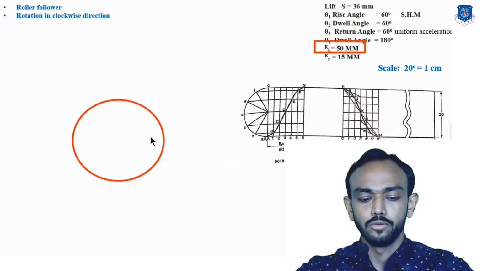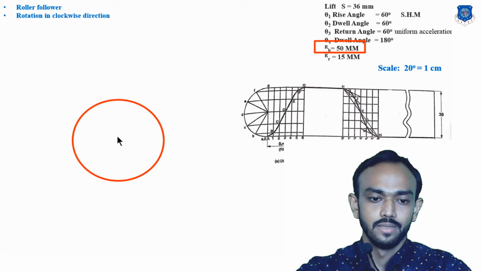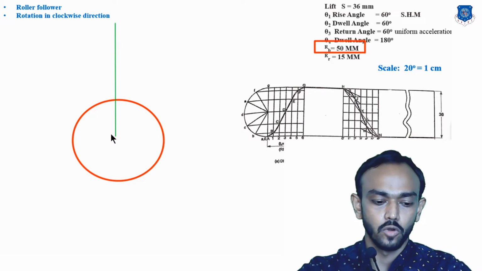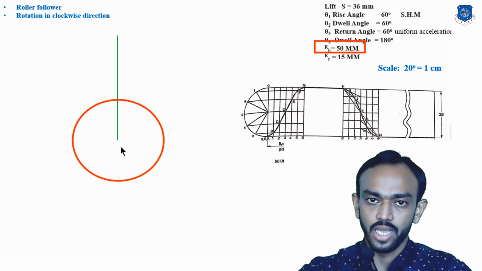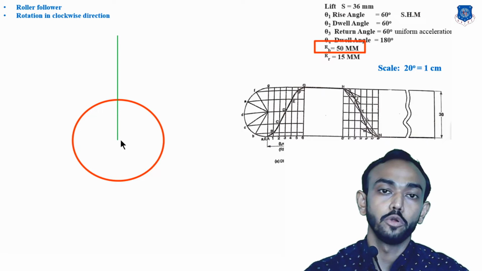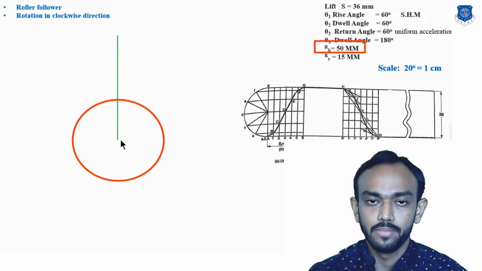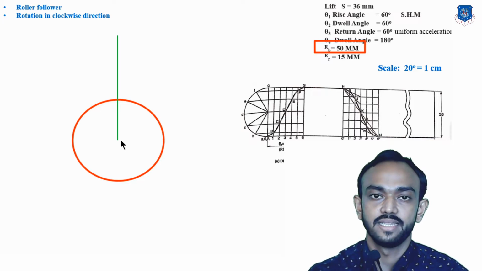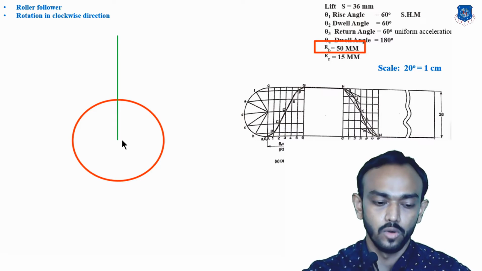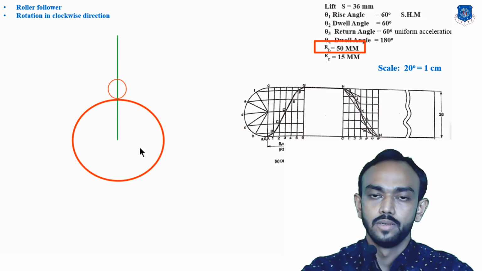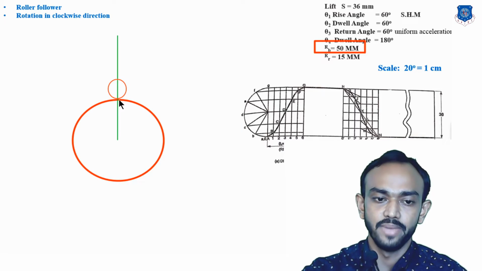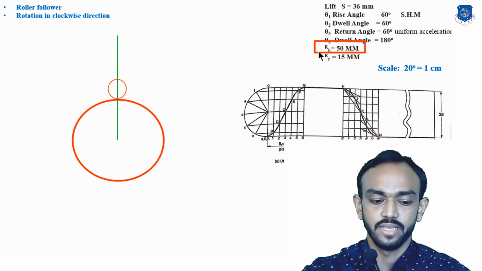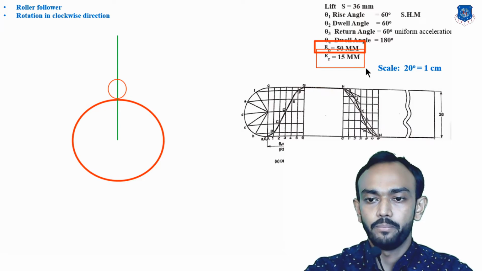After that, you have to draw the center line, and with respect to this center line we are going to divide this circle. But remember that if a roller follower is there, we are not dividing this base circle first. First of all, we draw the roller here. The roller will be in contact with this base circle, and make the roller of radius 15 mm.